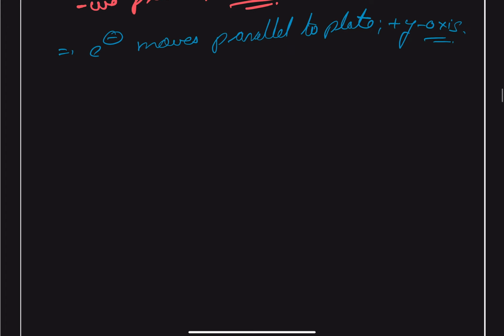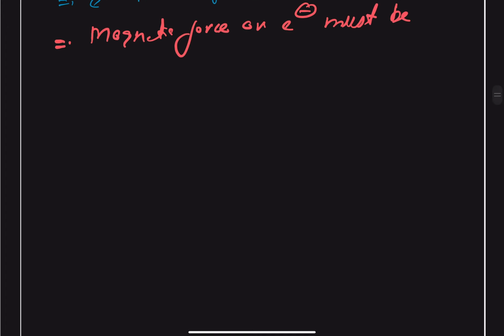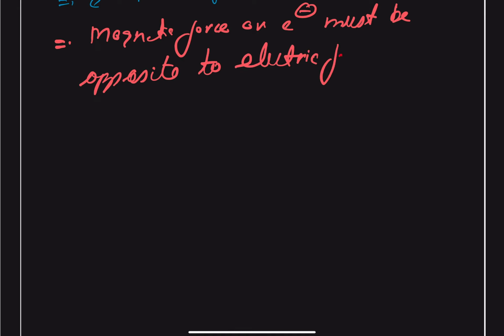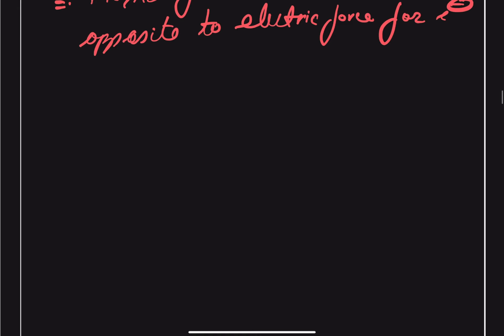So therefore, the magnetic force on electron must be opposite to the electric force, for electron to remain undeflected.